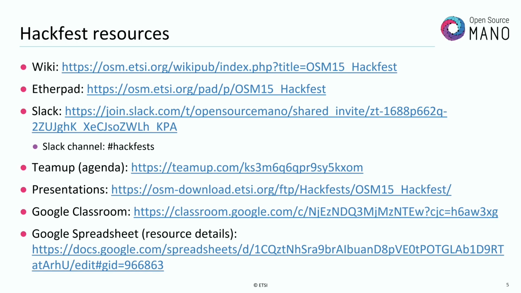It's just to create a space where we could talk and share our impressions. We have a Slack channel, Hackfest. We also have the agenda in here, and the presentations will be uploaded to the FTP. We are also going to use Google Classroom for some forms and surveys that we will do. And finally, a Google spreadsheet where we will get all the details for the environment.